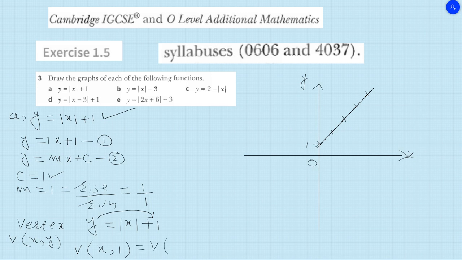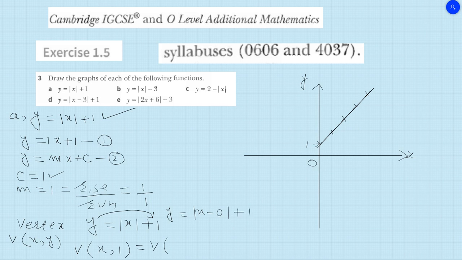How to find the value of x? Just rewrite the equation: y is equal to, this is absolute x, you can write this as x minus 0, plus 1.